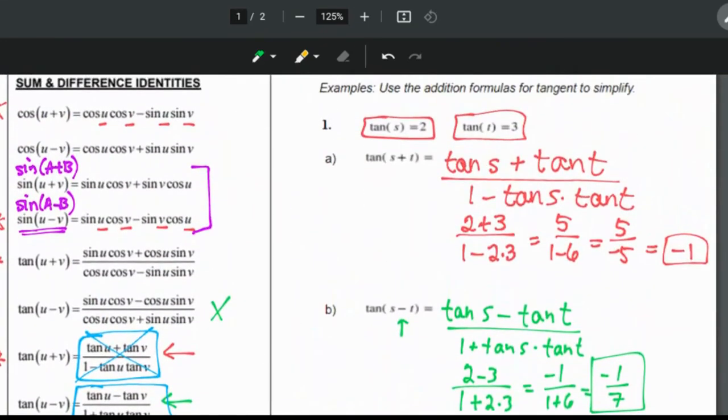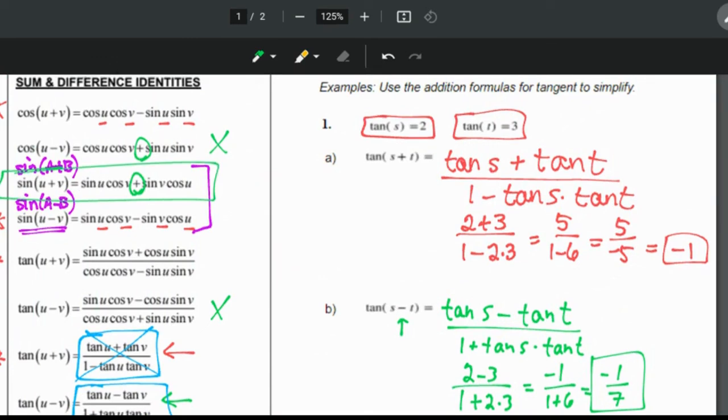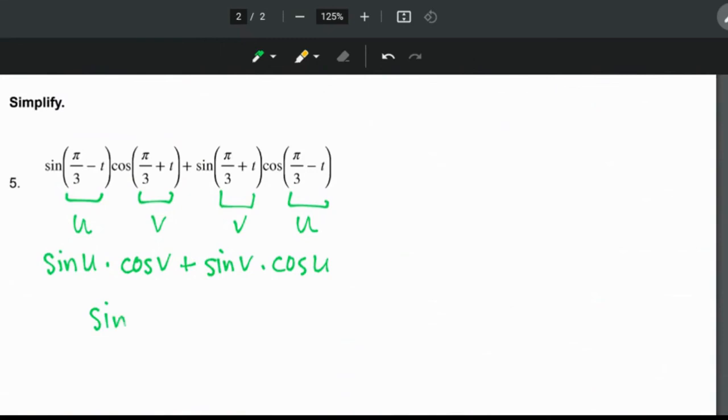All right, so we're looking for sine of u times cosine of v plus sine of v times cosine of u. So I definitely need a plus sign in there, and it doesn't match up with this one, but it does in fact match up with this one. So this we're going to use down in number 5. So really this is just sine of u plus v.